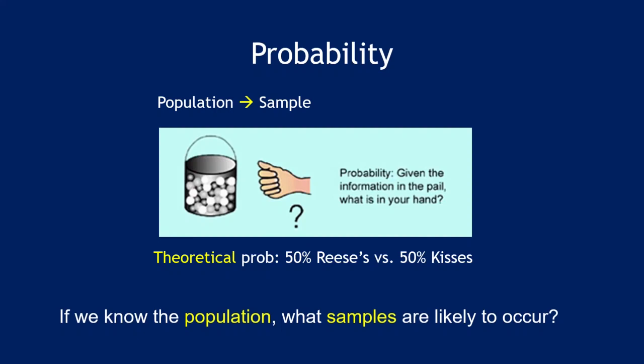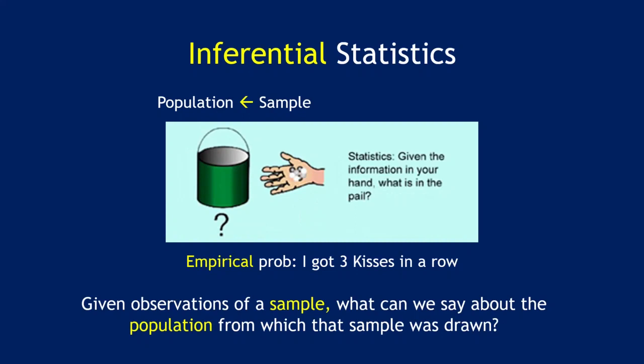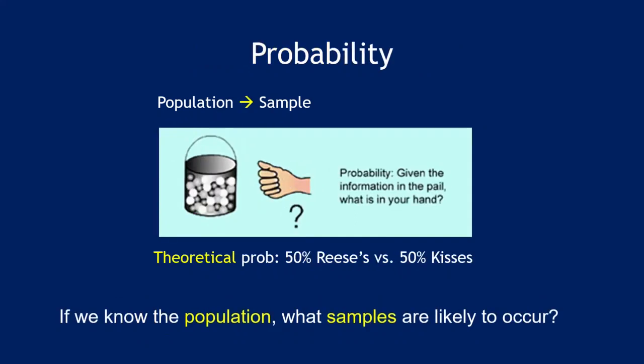So you can use your theoretical probability to estimate exactly what's going to happen with the sample. However, this is very rare. Very rarely we will know the population exactly.